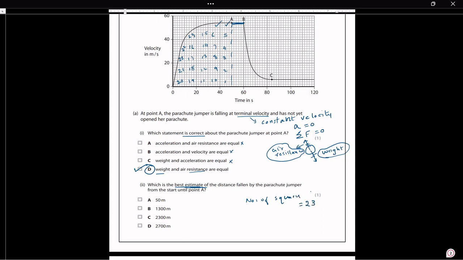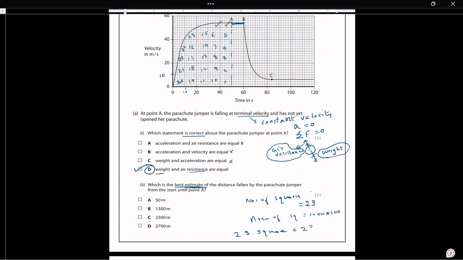And what is the size of one small square? This number is 10 and this number is also 10. So 10 times 10 is the area of a square. Area of square equals 10 times 10, it is 100. Therefore, what is the area of 23 squares?